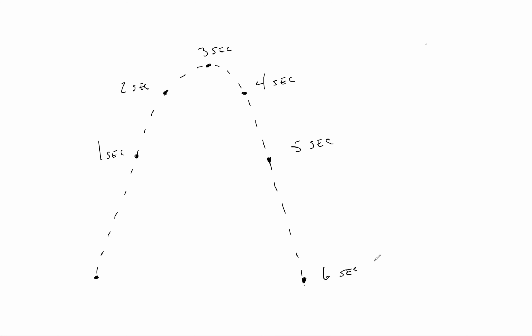Now let's assume that this person threw this object with an initial vertical component of 30 meters per second and an initial horizontal component of 5 meters per second. So how would we figure out the actual speed at which this person threw this object initially?